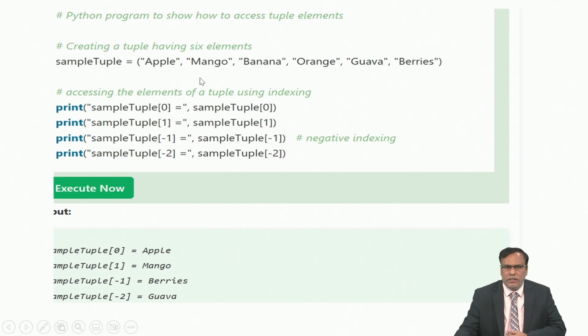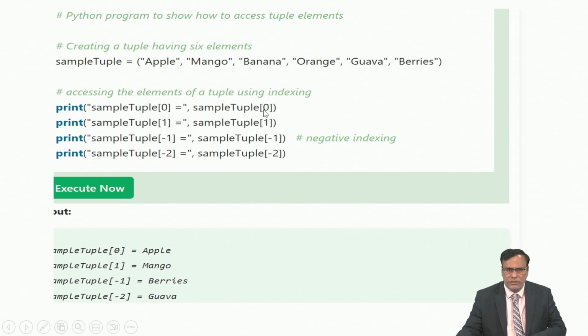See, here is some example. This is the sample tuple consisting of 6 fruit names. When I want to refer to apple, I have used the index 0, because apple is in the first position, and you know that a tuple or a list both follow 0-based indexing.